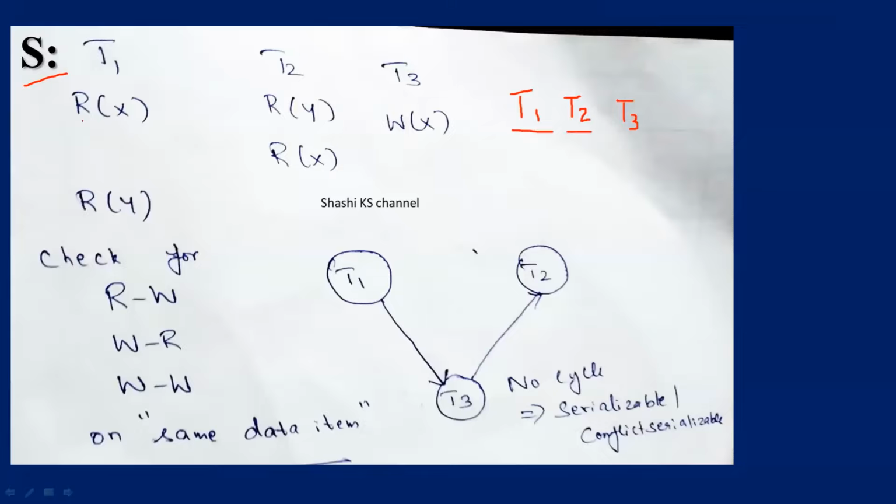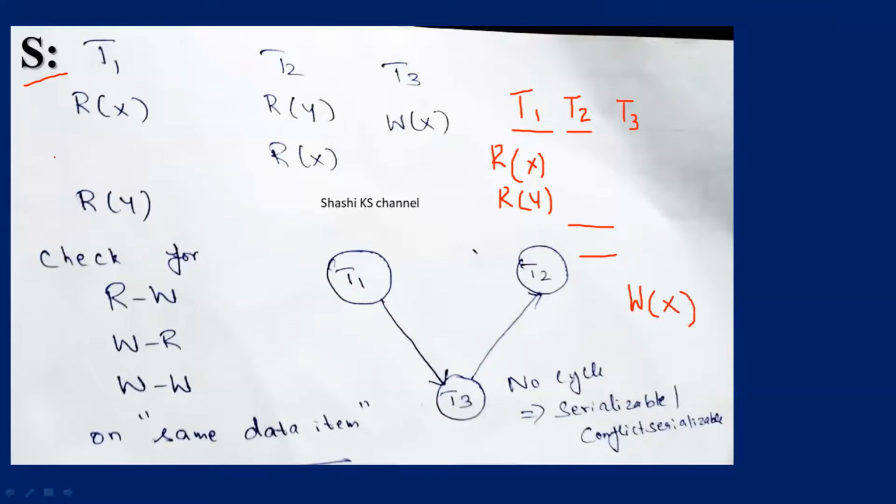So T1's operations are read operation on X and read operation on Y. Okay, so it will happen first and then T2's operations, namely read of Y and read of X, will happen. And then T3's operation, namely write of X, will happen. Okay, this is one of the serial schedules.